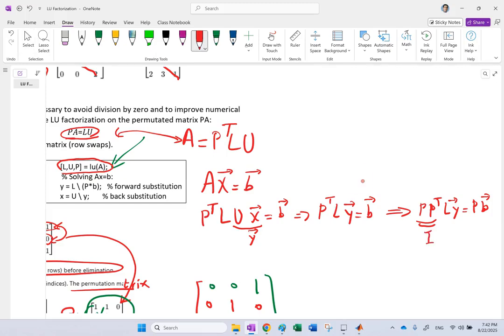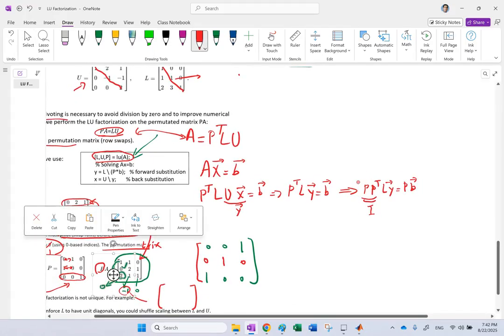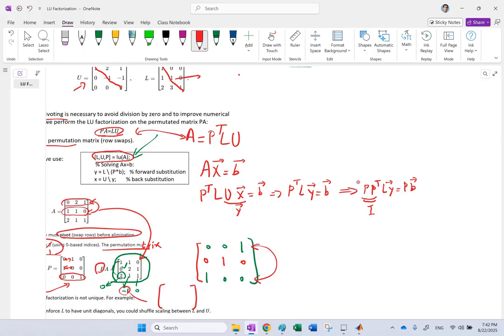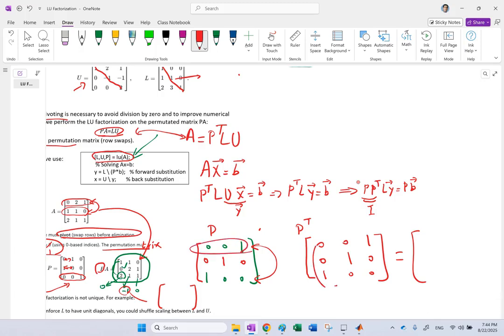Because what P does, if you look at it, is, for instance, this one swaps row 1 and 3. Yeah, this is your P. Now, what is P transpose? Let me write P transpose for you. This matrix is symmetric, so P transpose is going to be the same as P in this case. And if I multiply them together, you clearly can see, let's look at just the 1, 1 element. So it's going to be first row times first column, and you see it's 1.